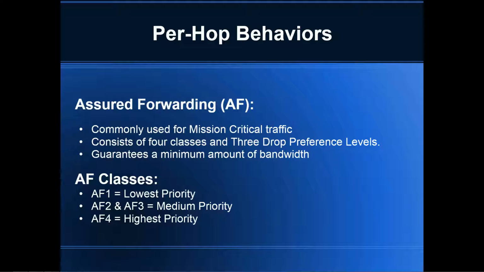If we flag it AF2, for example, is that going to be equal priority to our AF3s? They're not. While it is medium priority, is it the low medium or is it the high medium priority? It's basically all about being able to classify our traffic to guarantee delivery and bandwidth.